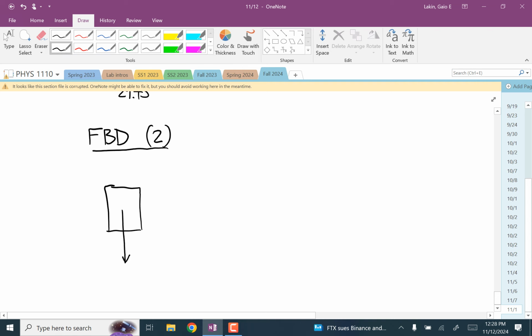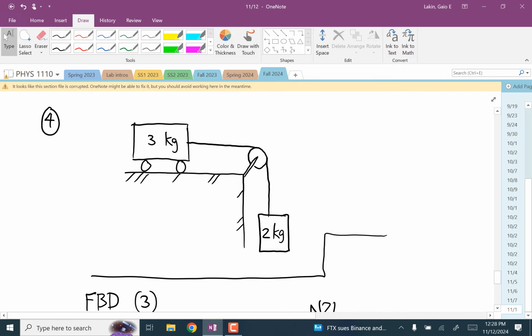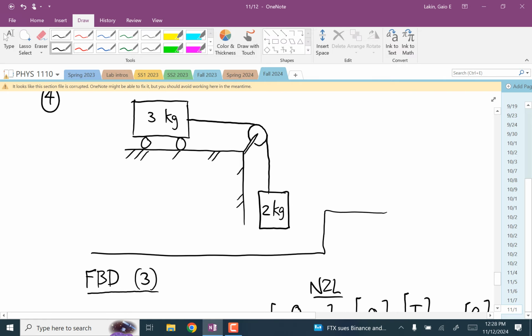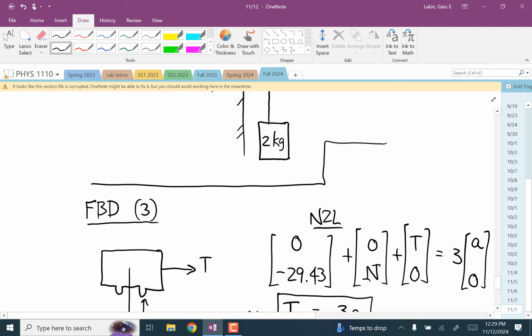We have a weight down of 19.62, and a cable force up of T because it's the same cable. And then we have to think for the acceleration, if the first body moves an inch in its positive direction, which way would the second body go?